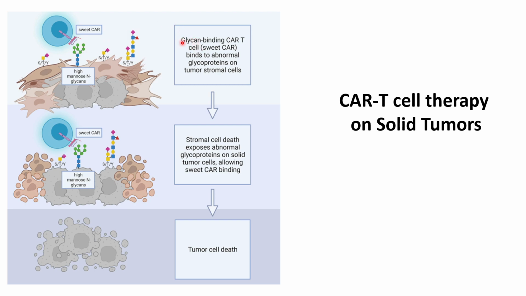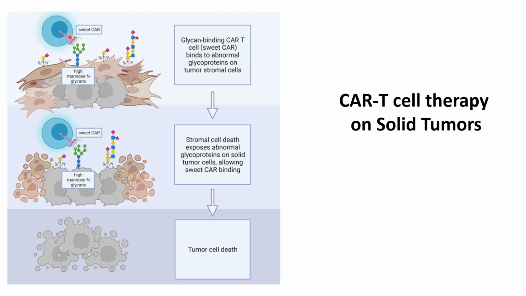This strategy is called glycan binding CAR T cells, or sweet CAR, that binds to the abnormal glycoproteins. When glycans are present on a protein, the protein is known as a glycoprotein. In the case of cancerous cells, that glycoprotein will have abnormal glycosylation.